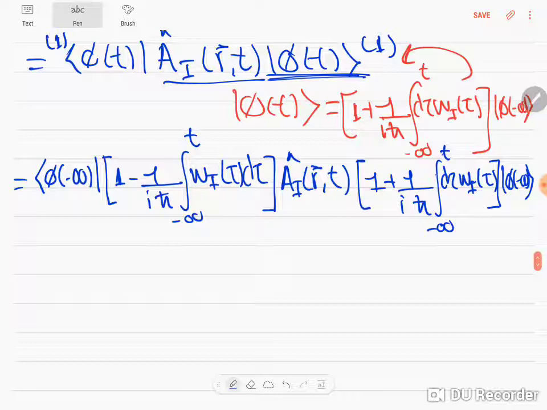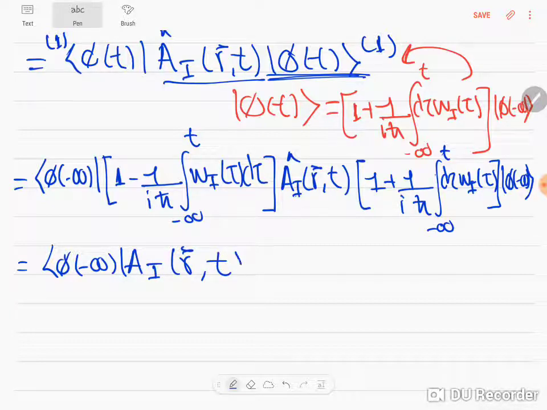So 1 times A is A times 1 is A, so the first term we have here is φ(−∞) on the operator A_I, acting on φ(−∞).